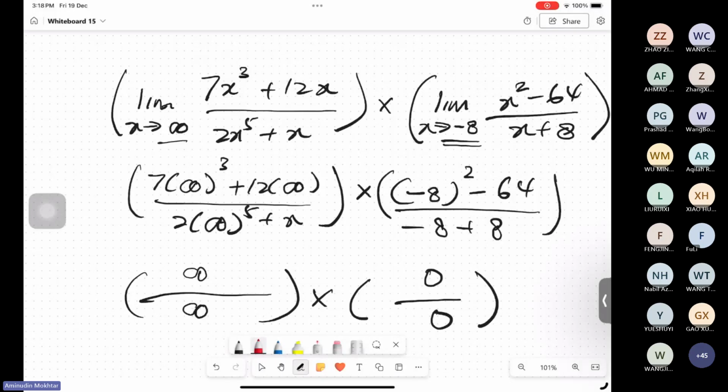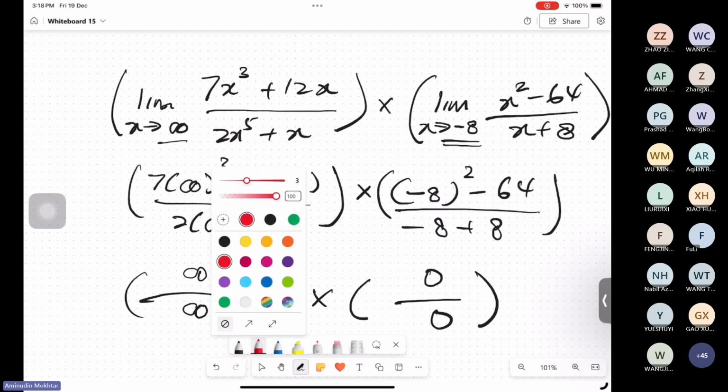There is a form of 0 divided by 0 and infinity divided by infinity. For the infinity divided by infinity, we must go back to the original function and select the term of the numerator and denominator with the highest degree of x.